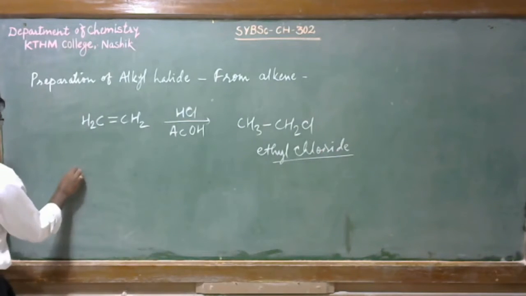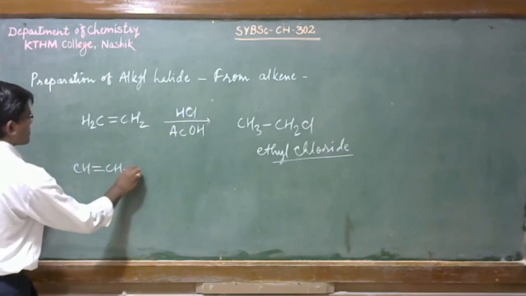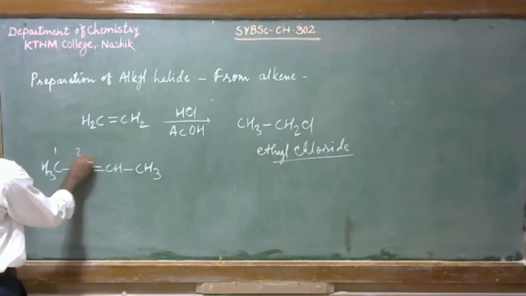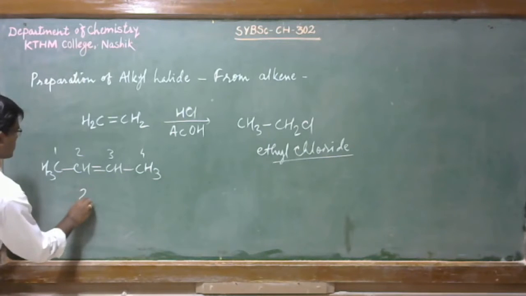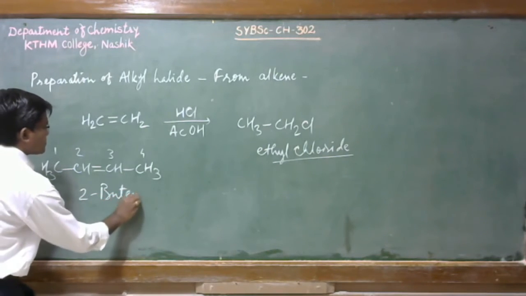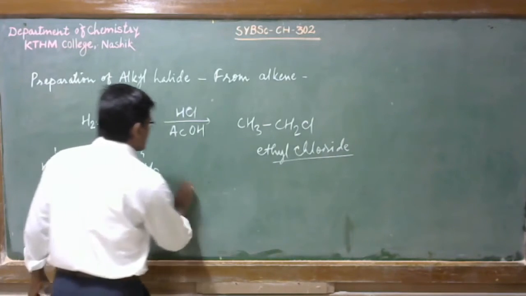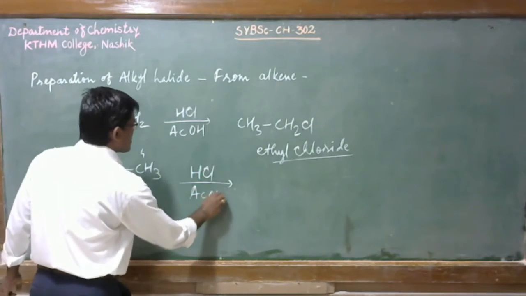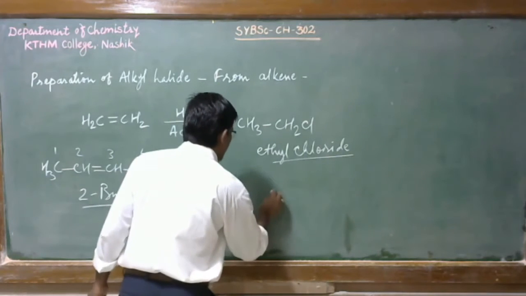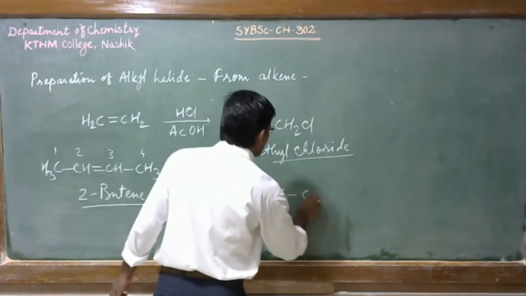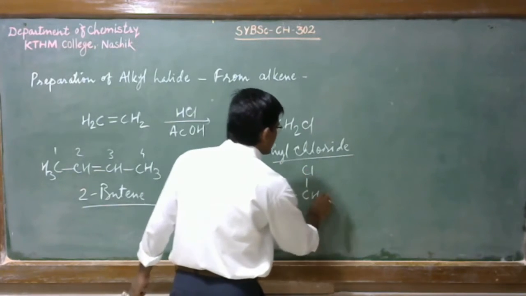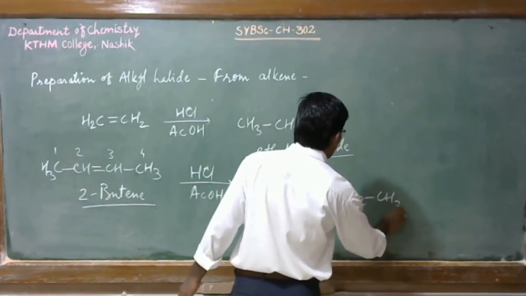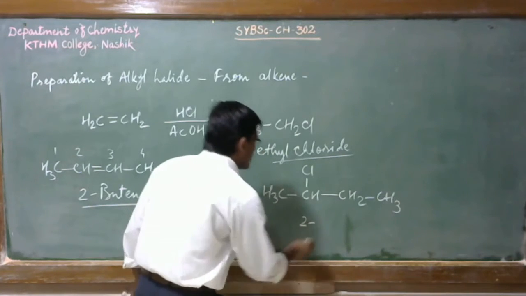Similarly, when you have 2-butene and you react it with HCl in the presence of acetic acid, it gives 2-chlorobutane.